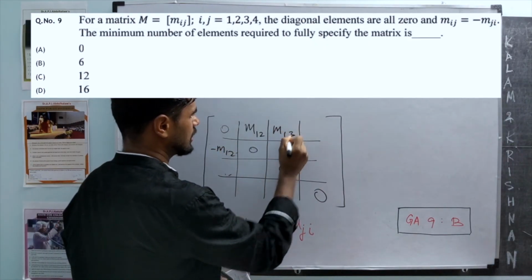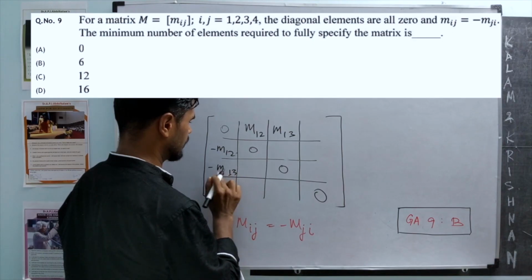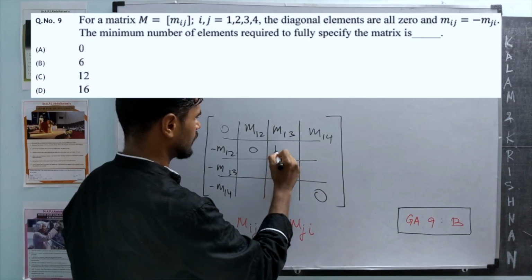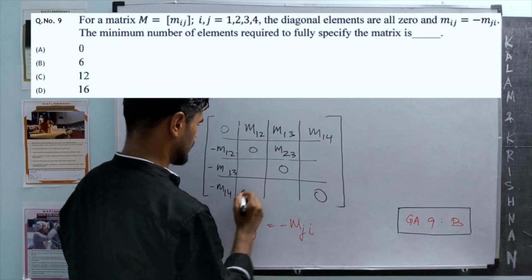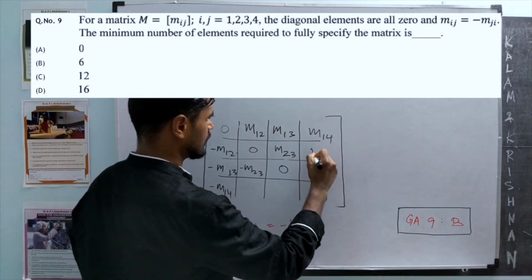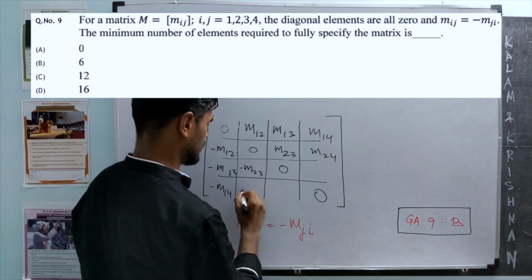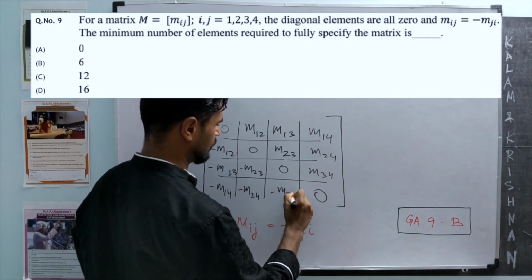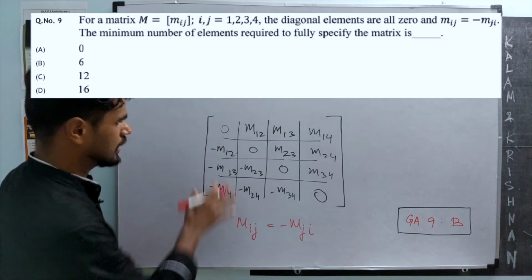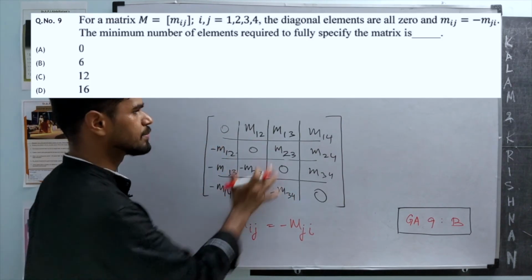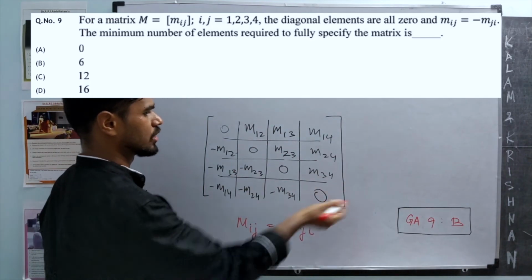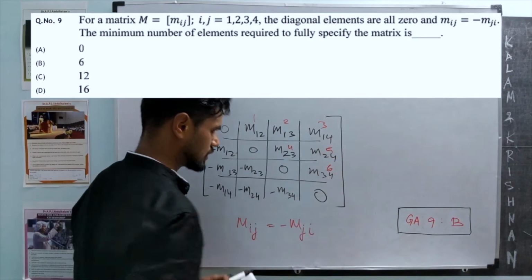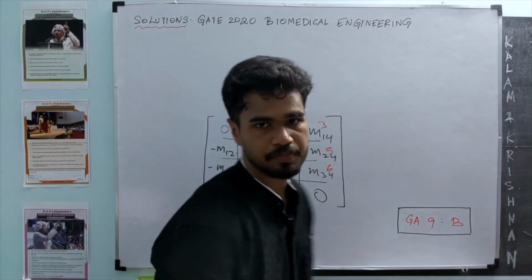Similarly, M13 here, minus M13 here, M14 here, minus M14 here, and M23 and minus M23, M24 minus M24, M34 minus M34. So if you notice, this lower triangle depends on just the values of the upper triangle. So the number of elements we need to specify is 1, 2, 3, 4, 5 and 6. So 6 is the correct answer, and that's option B.